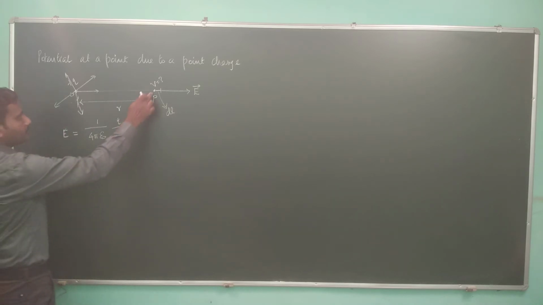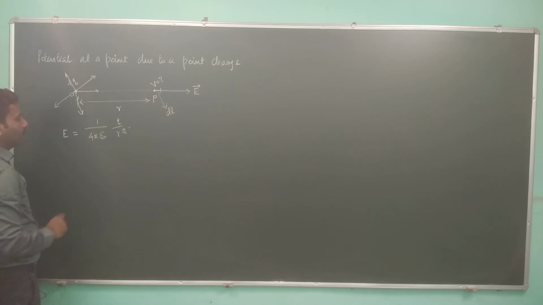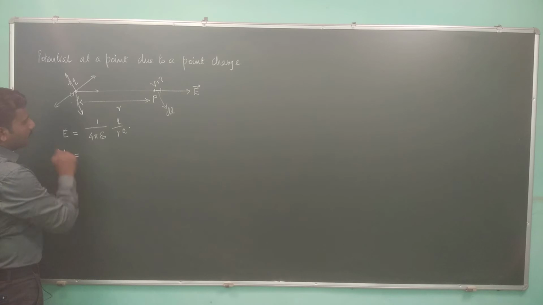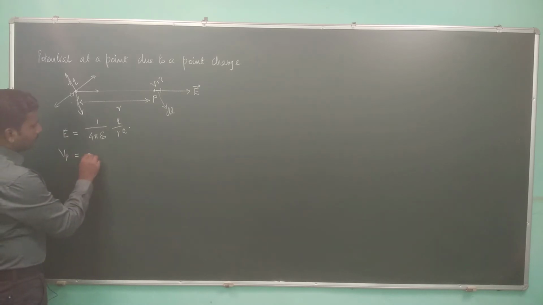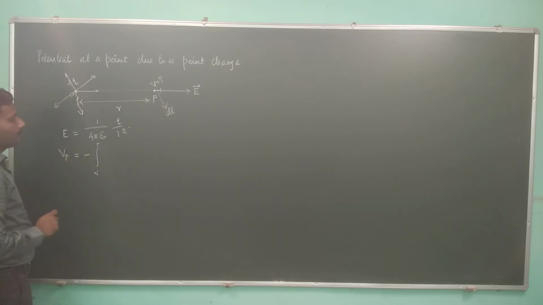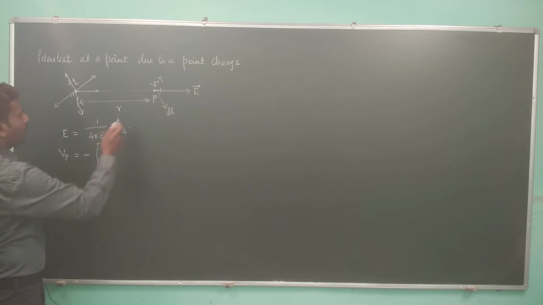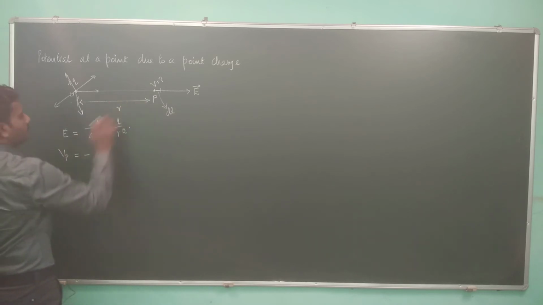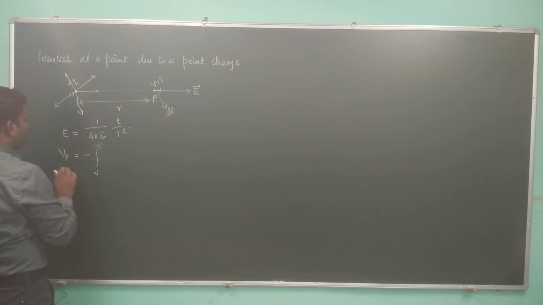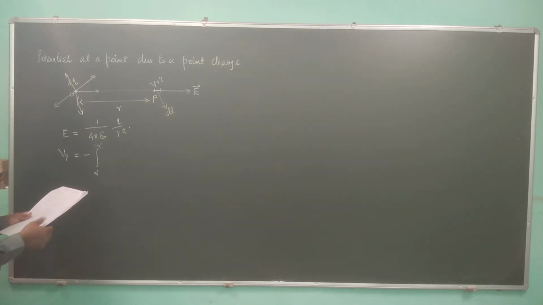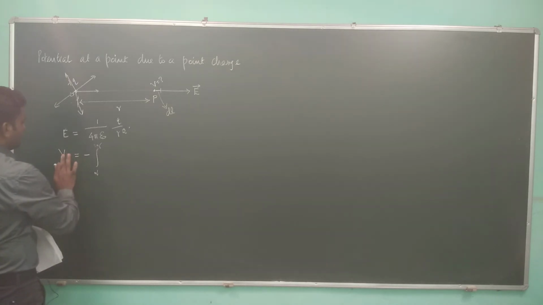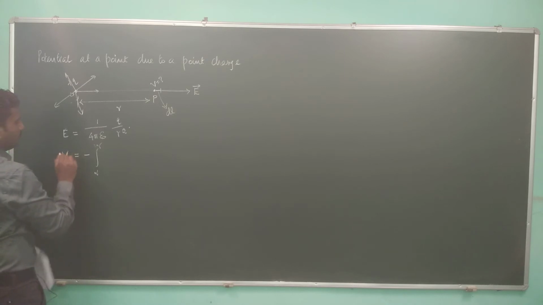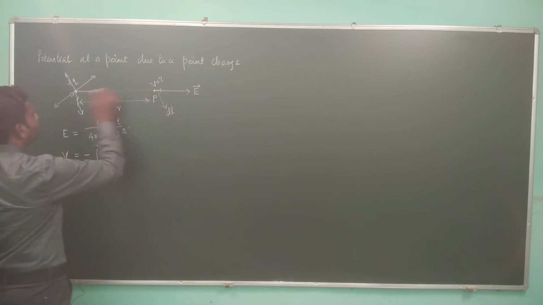And at point B, we can write the potential, V, which is nothing but minus integral from infinity to r of E dl, since point B is located at a distance r. V is the potential at point B located at distance r.